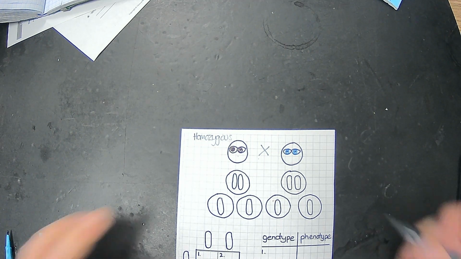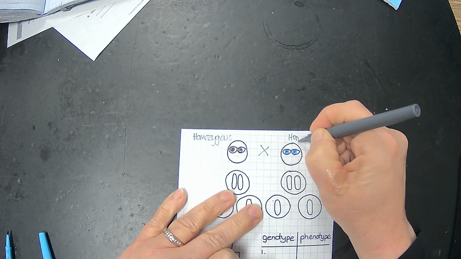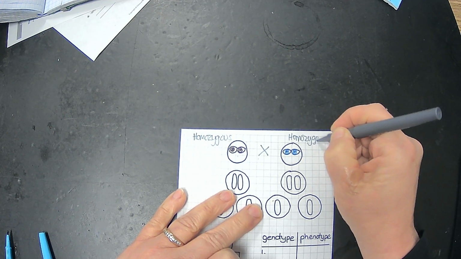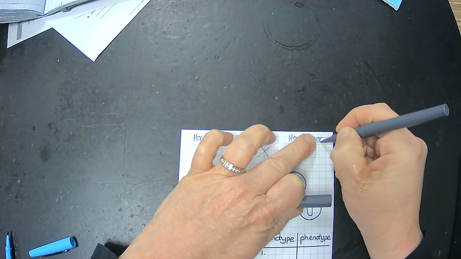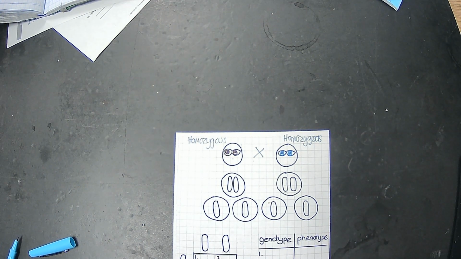They are homozygous for eye color. And the other person who has blue eyes is also homozygous for eye color. What that means is this person inherited the same alleles for eye color from their parents.